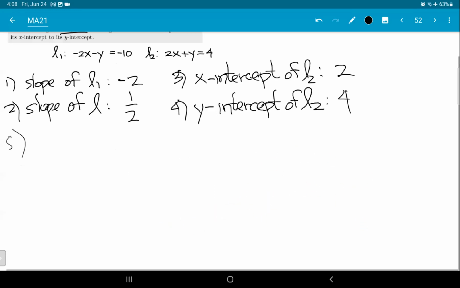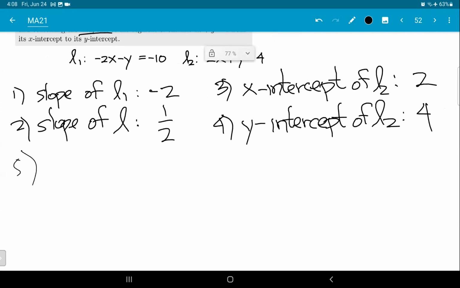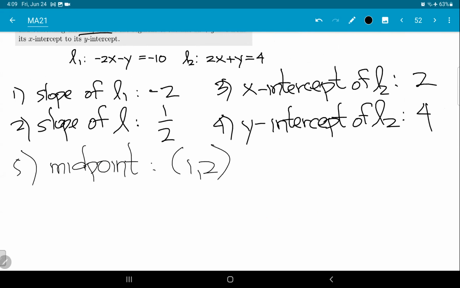Okay, for number 5, so we have the midpoint 1, 2. And finally, we can write down the equation in point slope form. So yung slope niya ay 1/2. Ito yung kailangan natin, 1/2. Tsaka ito.